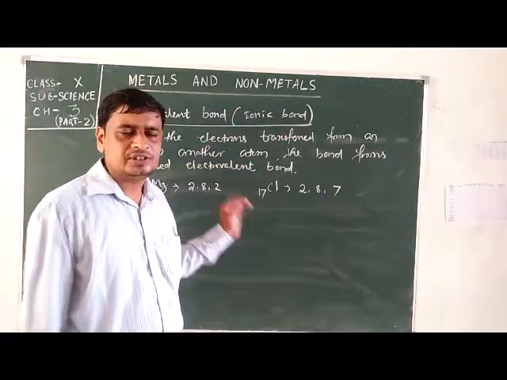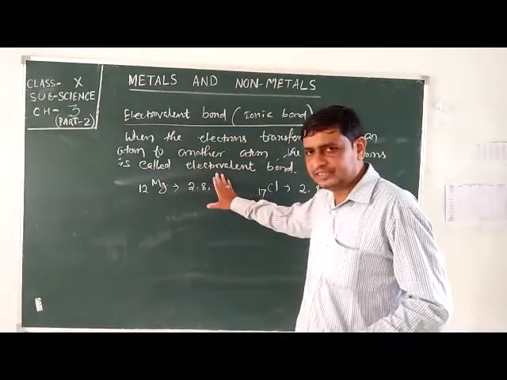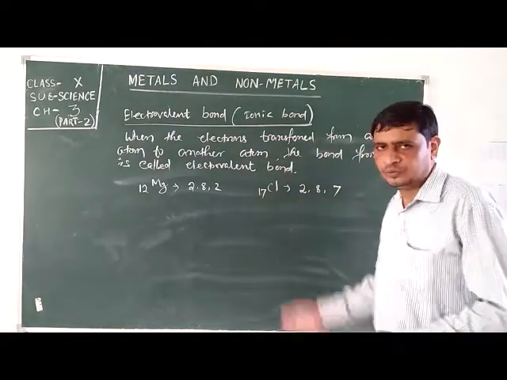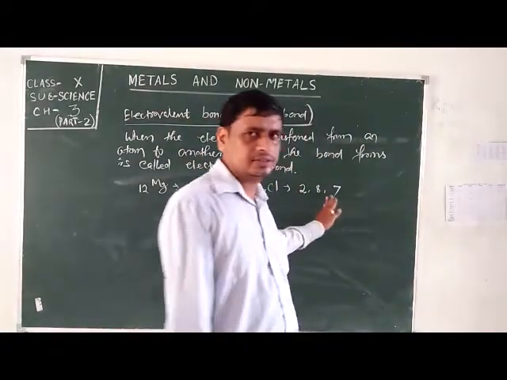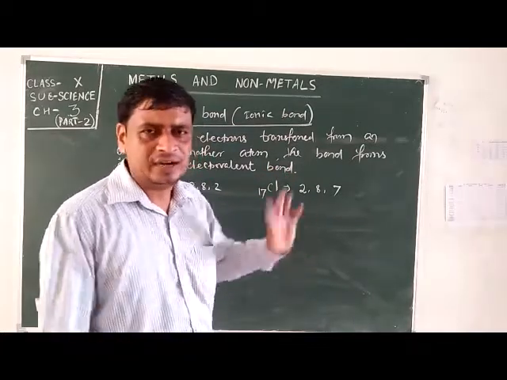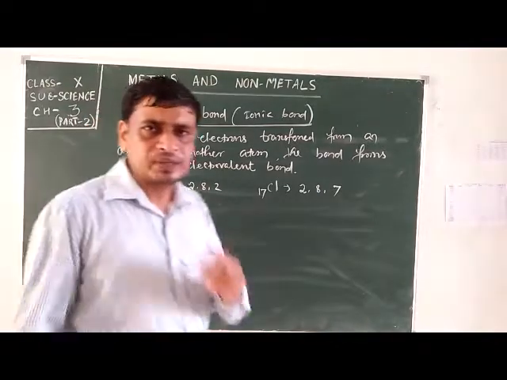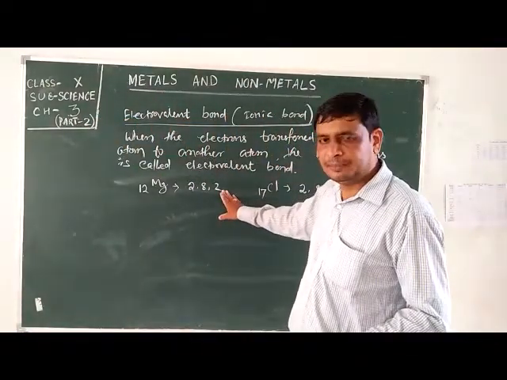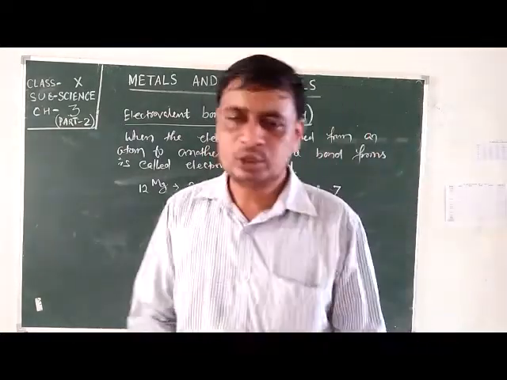Magnesium tries to lose 2 electrons to get stable, whereas chlorine tries to gain 1 more electron to be stable. If one chlorine atom gains 1 electron, then magnesium requires 2 chlorine atoms to accept the valence electrons, because there are 2 valence electrons, so it needs 2 chlorine atoms.